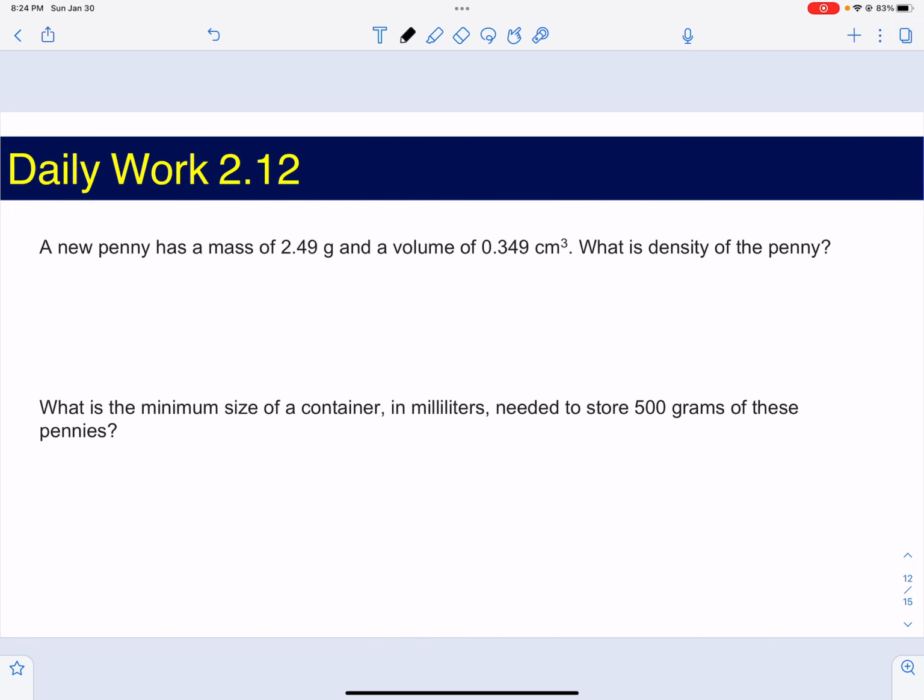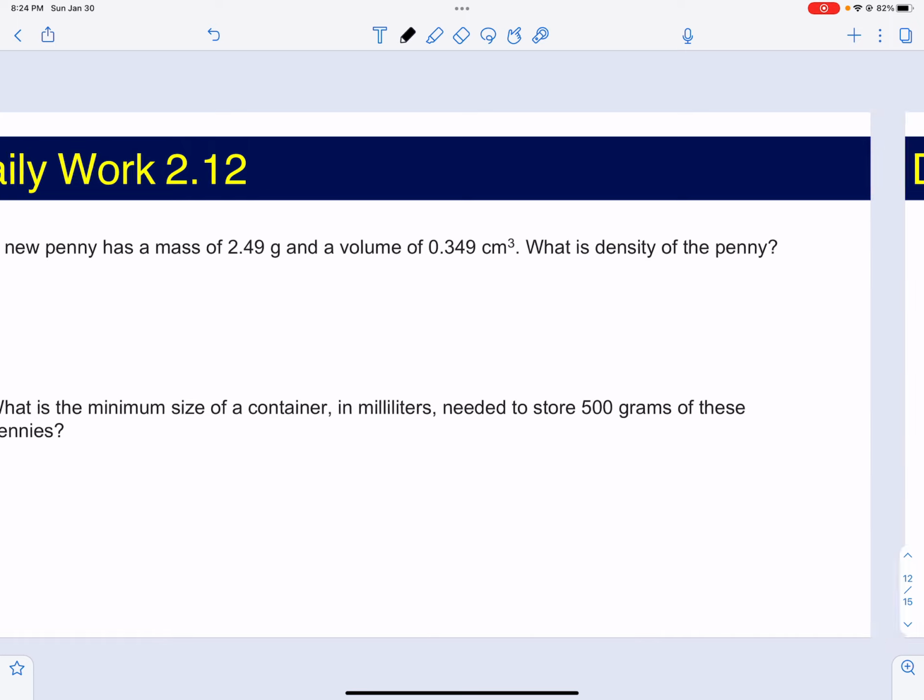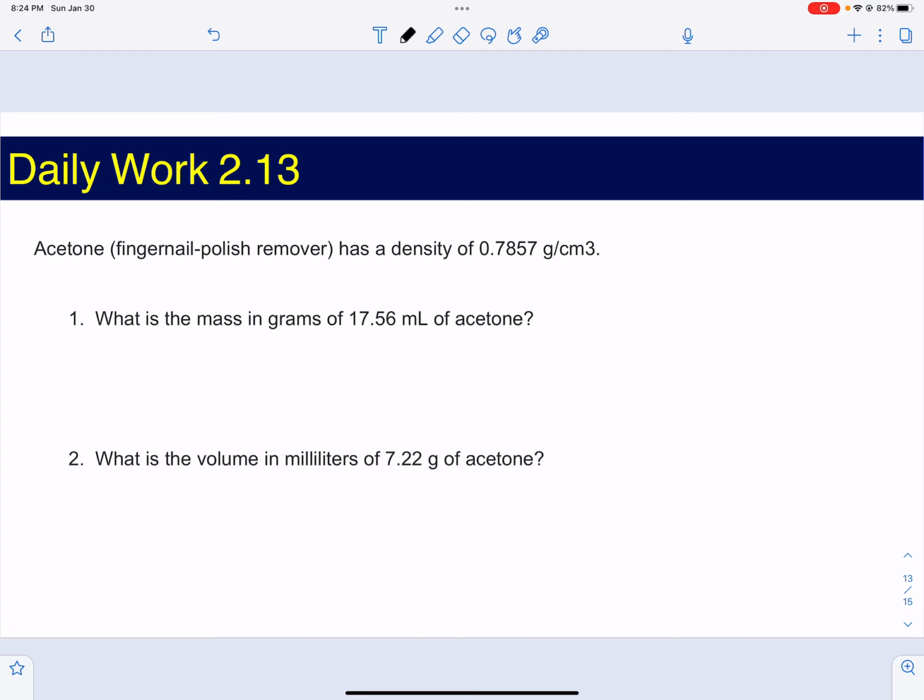So you should be able to do those 2 problems, right? And you should be able to do those 2 problems also.